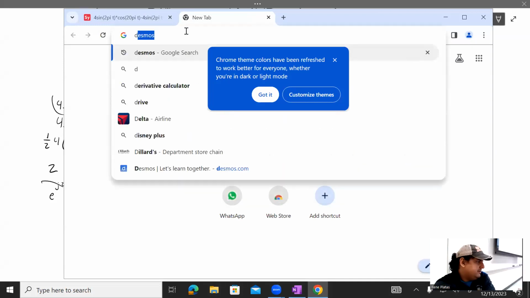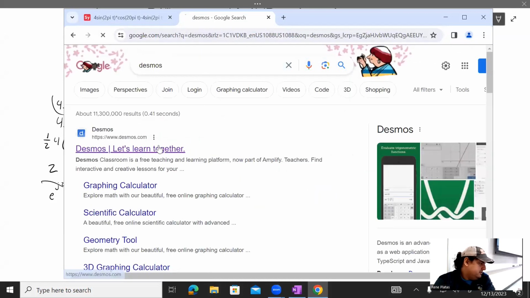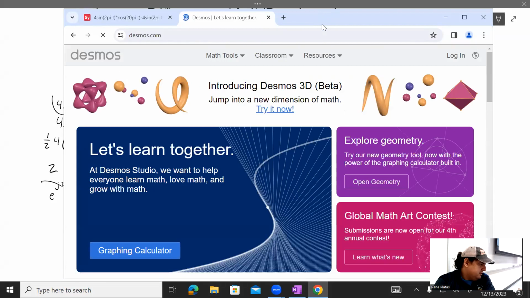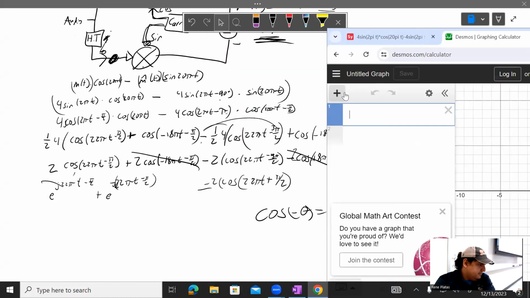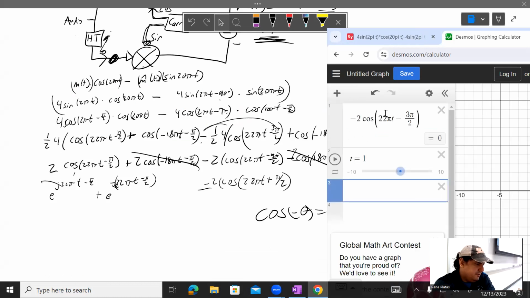No, Desmos. It's -2 cosine of 22 pi t plus -3 pi/2. It's 1.